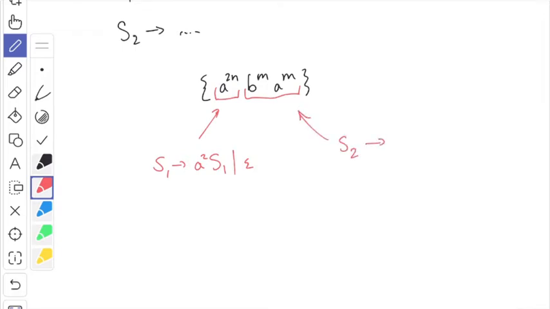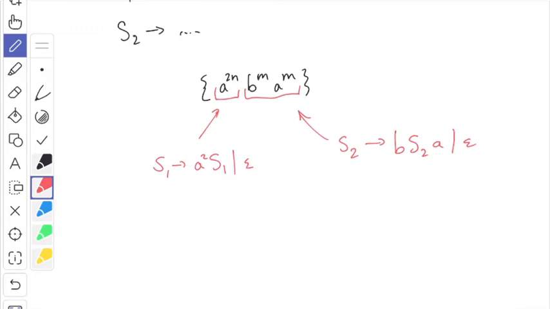And remember, how do I make a grammar for a language like that? You need to balance out the number of b's and a's. S2 goes to b S2 a or epsilon. Great. You create b's and a's together, and the b should be in front and the a should be at the end in order to make that work.